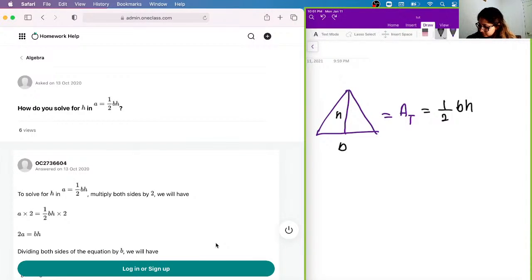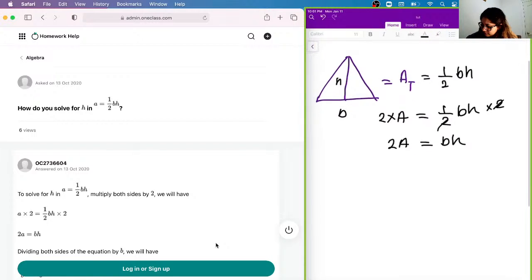What we want to do is basically isolate h and move whatever is attached to it to the other side. So I'll just write the formula. Let's first get rid of the half, and to do that we multiply both sides by 2. So we get rid of the half here, and you're left with b times h equals 2A.